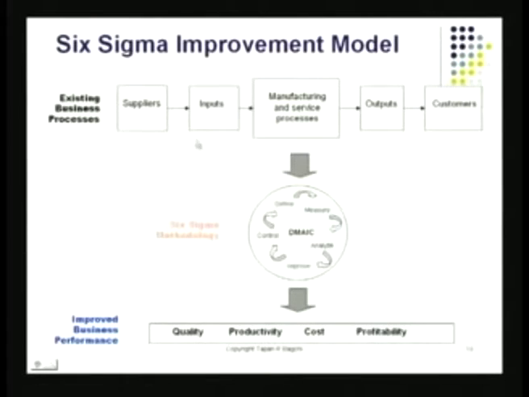I take this process and I apply the Six Sigma or the DMAIC framework on it. What are the results? If I take this process and apply this, the results are higher quality, higher productivity, lower cost, and obviously higher profitability. This is the outcome. I take my process, I put it through DMAIC, and I end up with this.